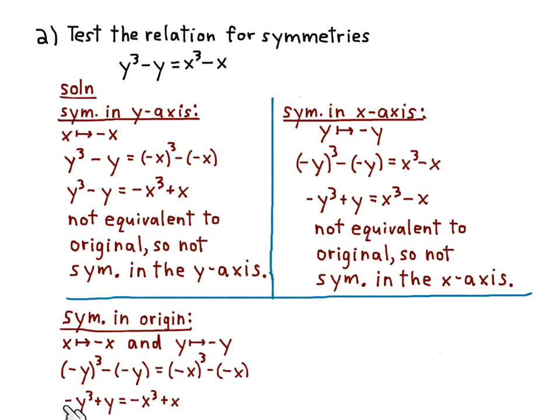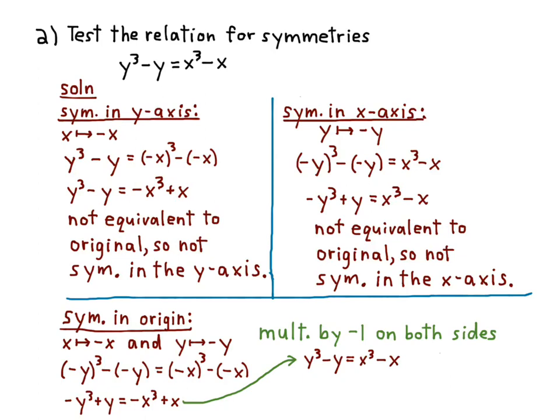So if I take this equation that I got, negative y cubed plus y equals negative x cubed plus x, multiply both sides of the equation by negative 1, which is a legally allowed algebraic manipulation, I end up getting y cubed minus y equals x cubed minus x, and that is identical to the original formula.